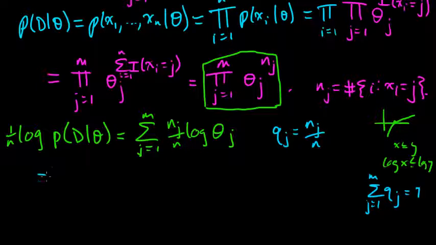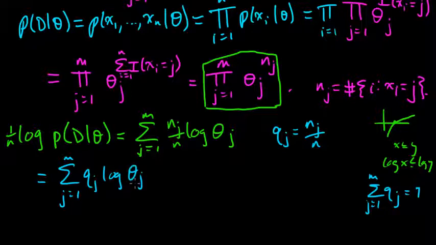So we can rewrite this thing as the sum from j goes from 1 to m of qj log theta j. Now I'm going to try to make this look like relative entropy. If you know what entropy is, then you probably know what relative entropy is.